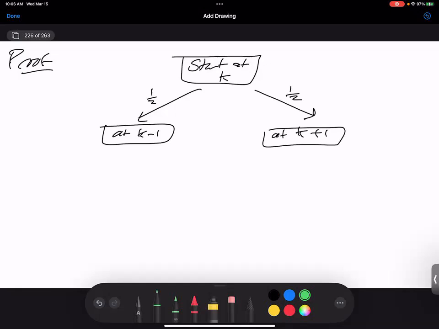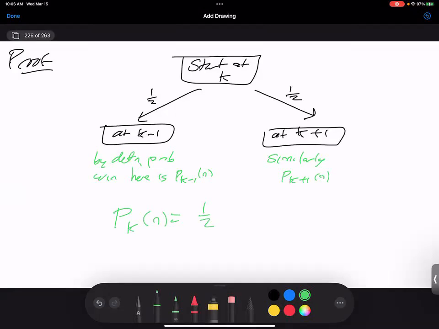By definition, the probability we win here is just P_{K-1} of N. Similarly, it's P_{K+1} of N over here. So we get P_K of N is the probability of each branch, 1/2, times P_{K-1} of N, plus 1/2 P_{K+1} of N.